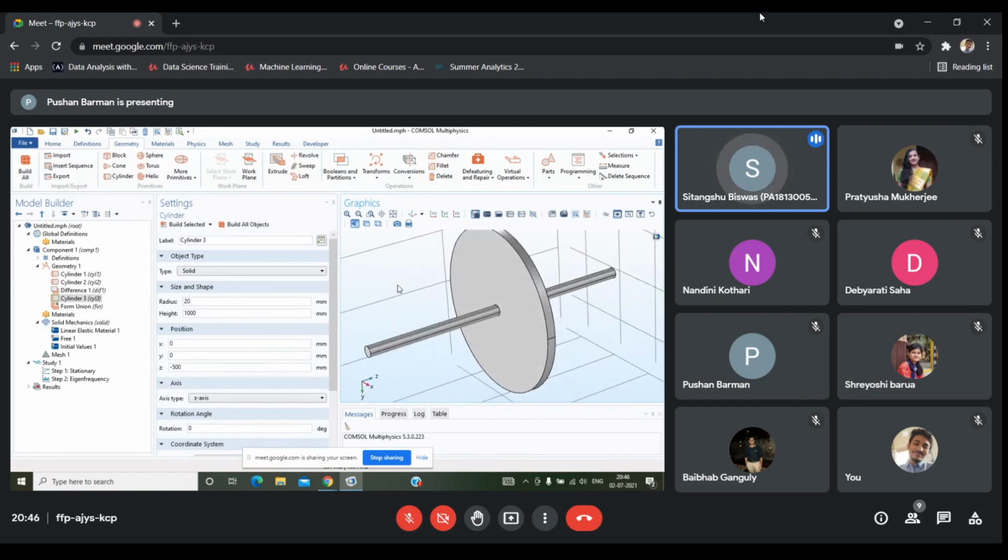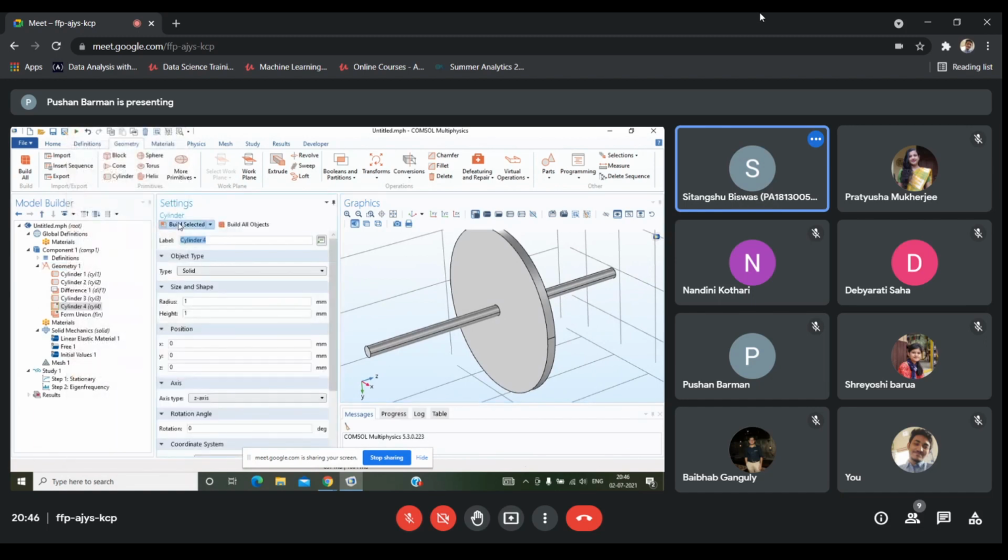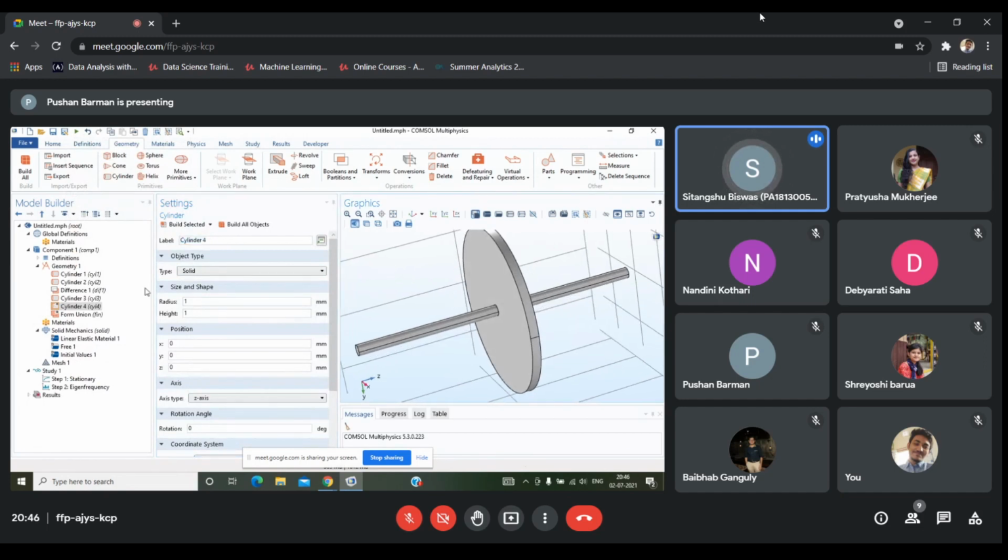Okay, now take another cylinder, we have to make the bearing. That radius you should take, it was 20, you take 30. Height you take 20, and that z axis you put -520.